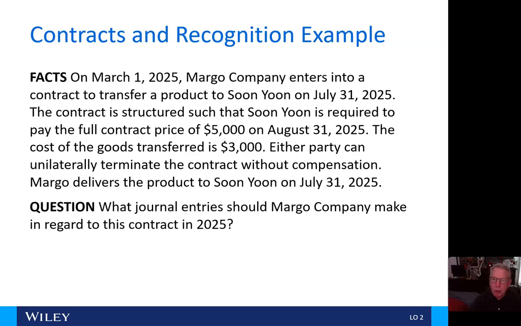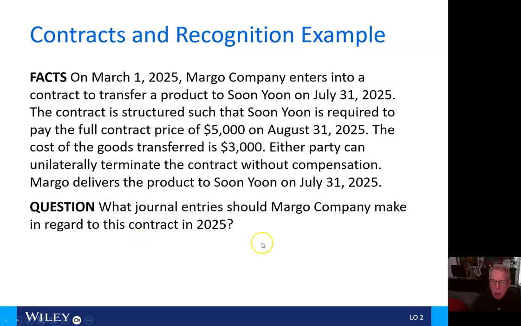The cost of the goods transferred is $3,000. Either party can unilaterally terminate the contract without compensation. Margot delivers the product to Sun Yun on July 31, 2025.